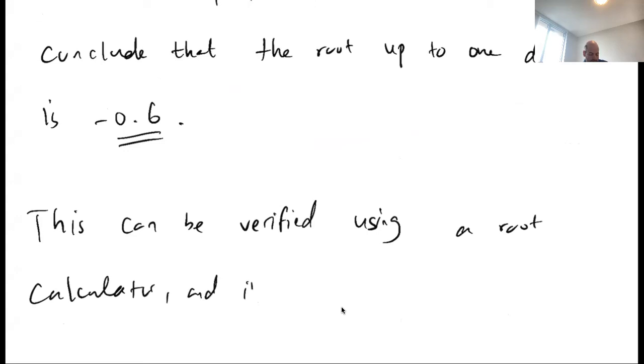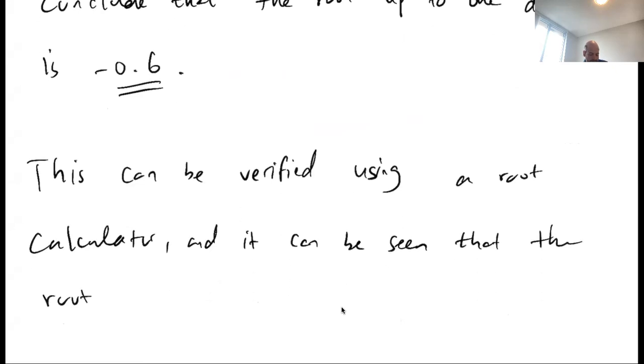And it can be seen that the root of f of x equals x cubed plus x plus 1 is, so if you can just Google a root calculator and just enter your function.